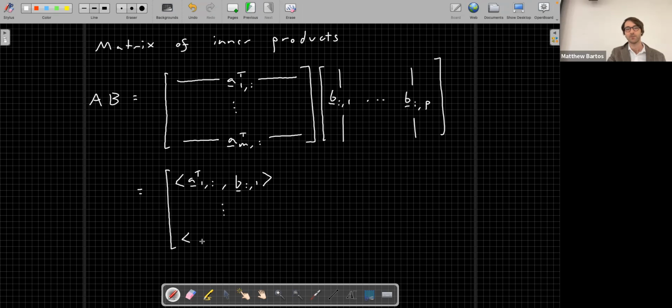All the way, if you go down, you'll end up with A(m,:) transpose inner product with B(:,1), so the final row of A inner product with the first column of B. And you can extend this pattern. We'll do an example to make it more clear. In the upper right-hand corner, we'll have A(1,:) transpose inner product with B(:,p).